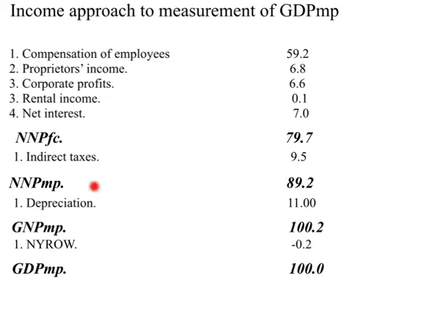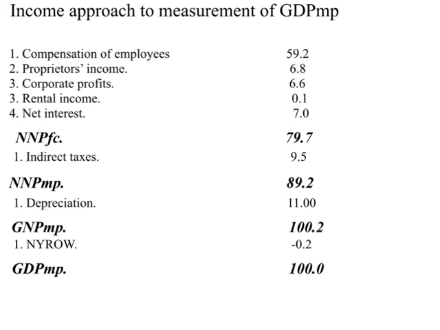To the net concept, we add depreciation, which is about 11%, and what we get is GNPmp. And so the GNPmp is about 100.2% of GDPmp. And from GNPmp, we subtract NERO, which is net income from rest of the world, and this was about 0.2%, and we get the figure of GDPmp, which is 100%.